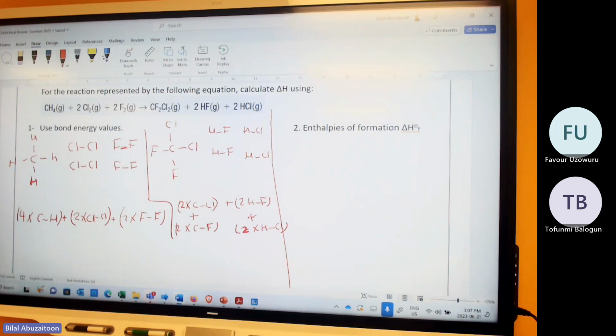From the table, as I said, you'll have this booklet in the exam. Where are the bond energies?